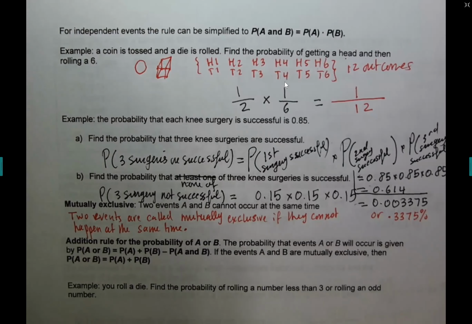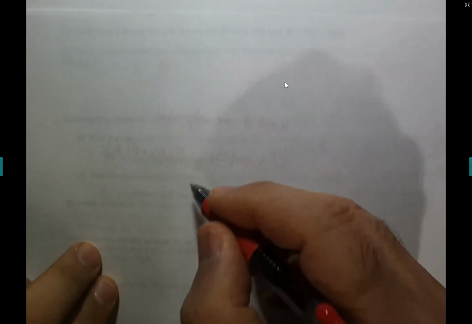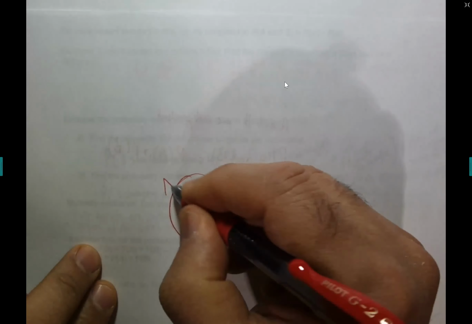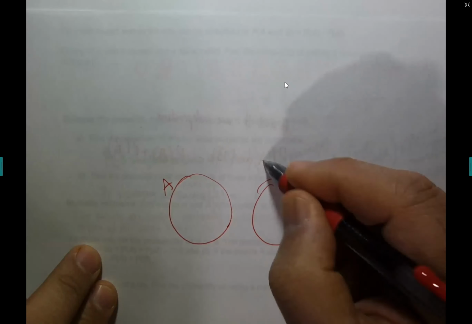Let me do a sketch and tell me, guys, if you think the events are mutually exclusive or not. This is event A, and this is event B. What do you think? Mutually exclusive or not mutually exclusive?